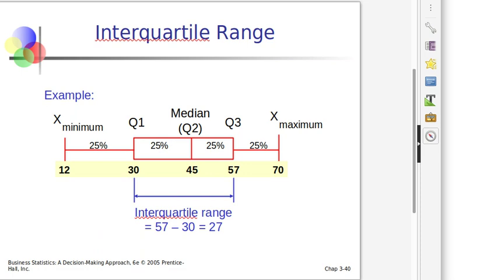So how does it work? Interquartile range. We eliminate the first 25%. Remember, quartiles means 1/4, right?